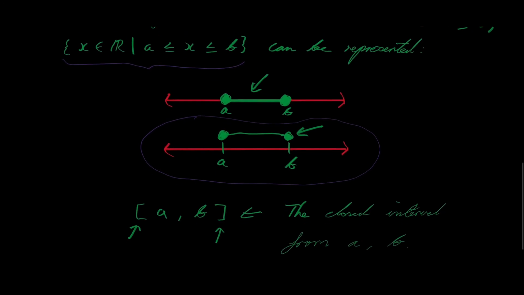So that's a consecutive set of real numbers. And what do I mean by closed? I mean that it includes the endpoints. These circles on the graphical representation of the interval are filled in.